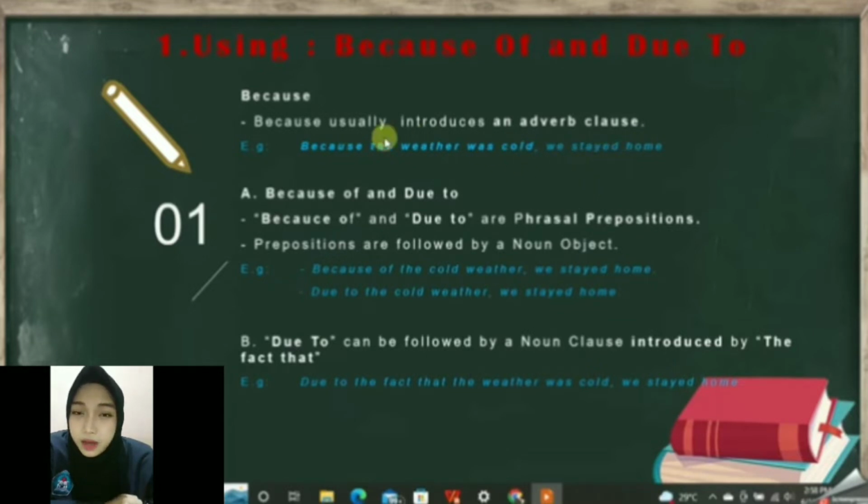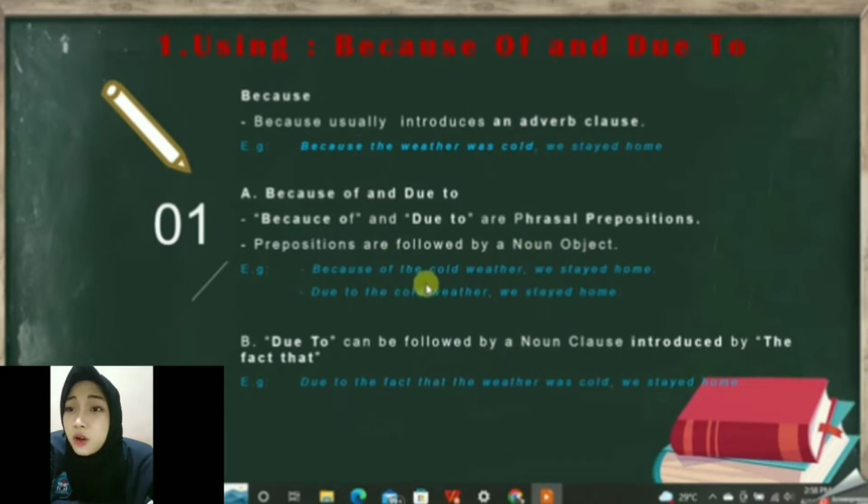Now we will learn about because of and due to. Okay, so is there any difference in using them from just using because? Yes, there is. Because of and due to are phrasal prepositions. So as they are phrasal prepositions or prepositions, they must be followed by a noun object, not a clause, as in this example.